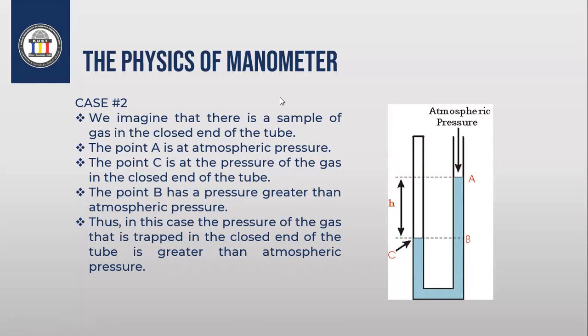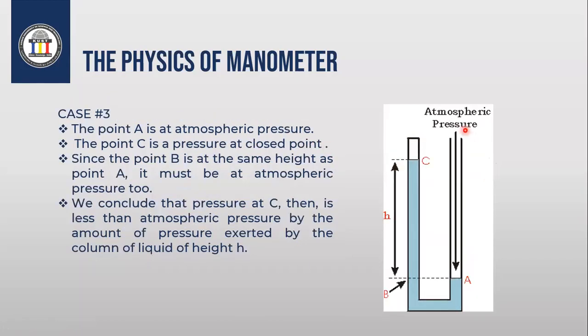In case three, we suppose one of them is open and the second one is just closed without any gas here. So atmospheric pressure will push the liquid higher on that side than the other side. See the height of the column here, this is h.